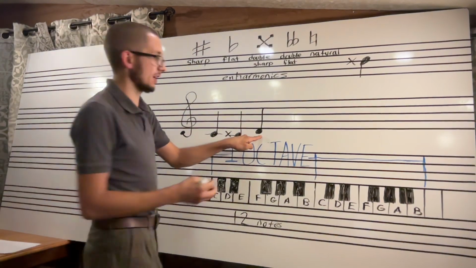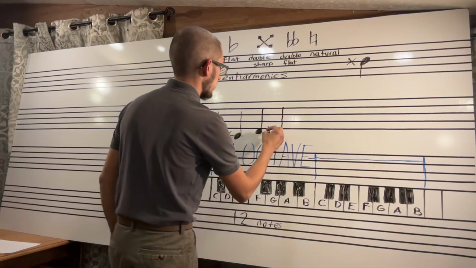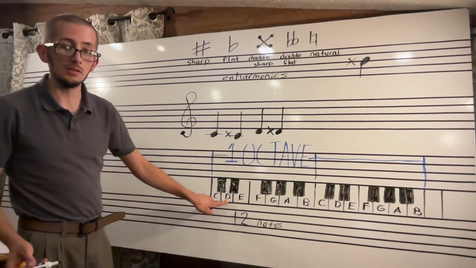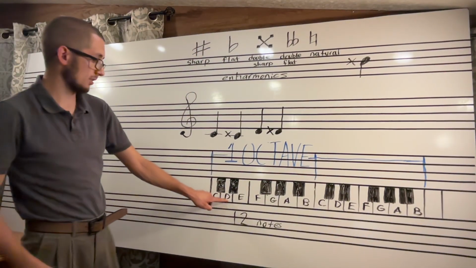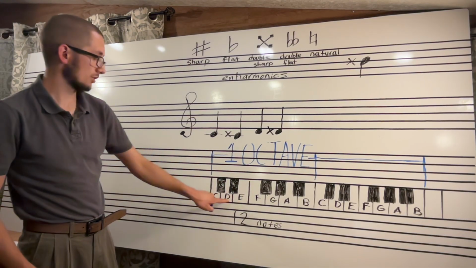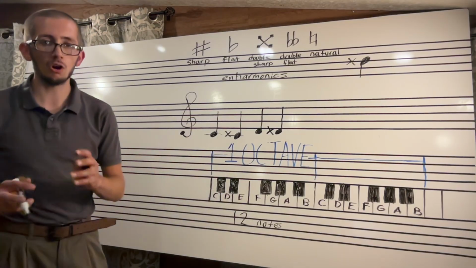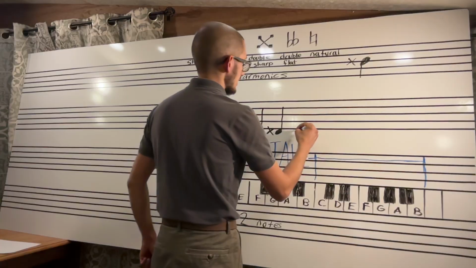What happens if we add a double sharp sign to D? All right, let's draw a D right here and then add a double sharp. D plus 2 half steps, D, D sharp, E. So D double sharp and E are enharmonic equivalents. What about E double sharp?